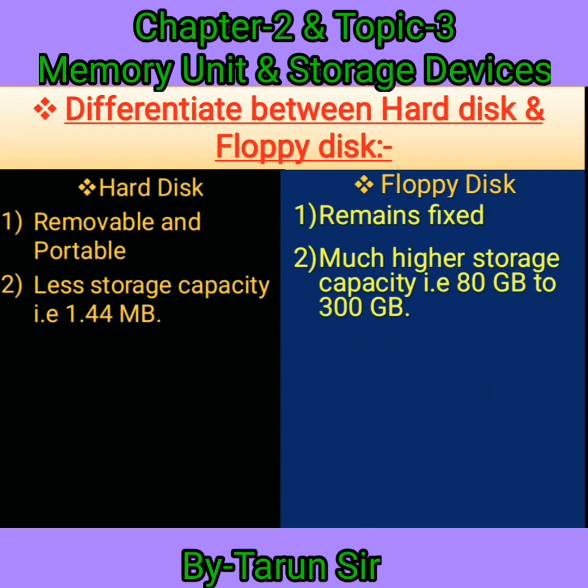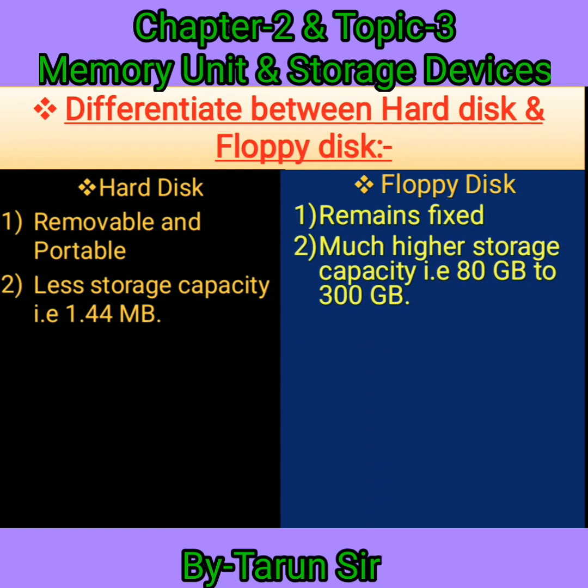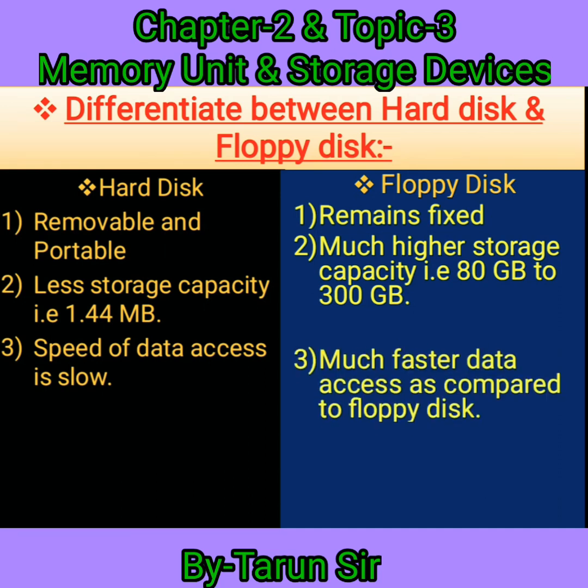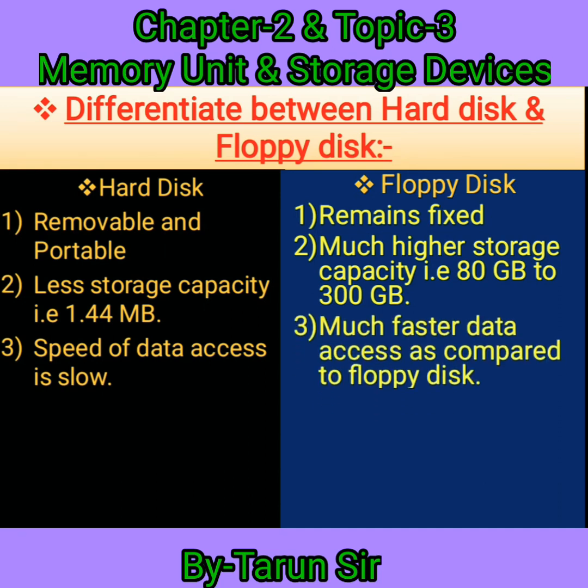In floppy disk, much higher storage capacity, that is 80 GB to 300 GB. In hard disk, third point, speed of data access is slow. In floppy disk, third point, much faster data access as compared to hard disk.